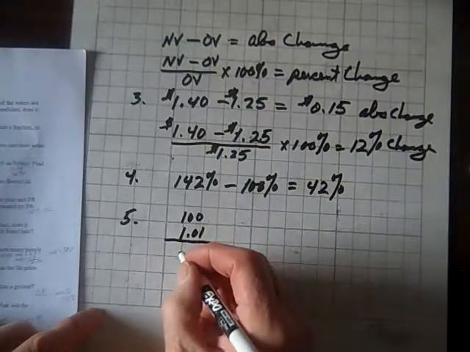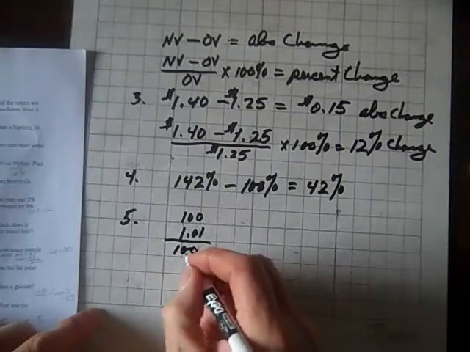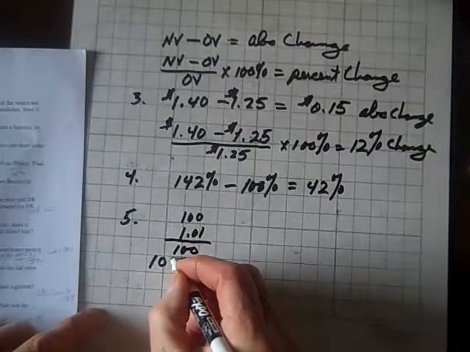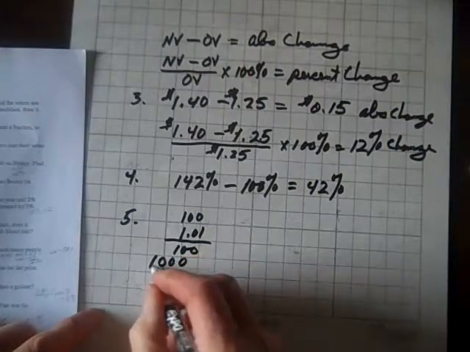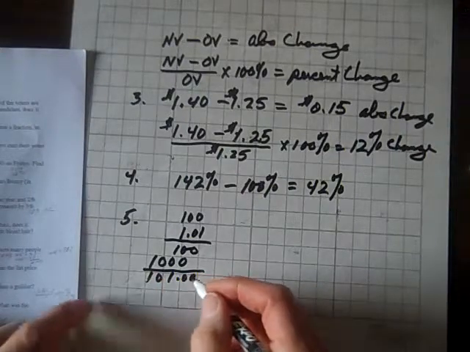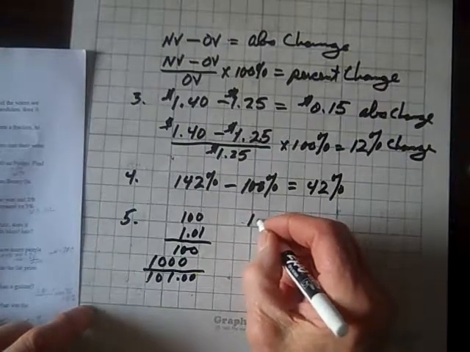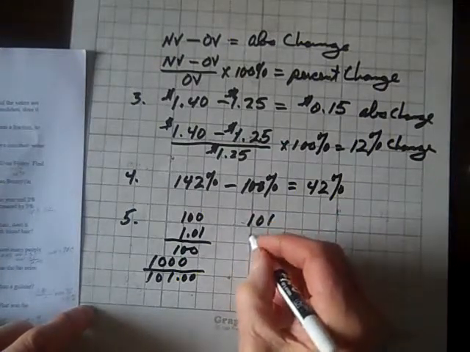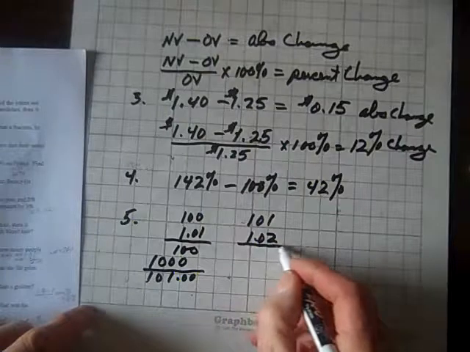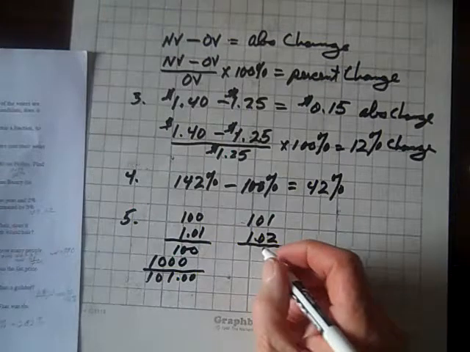And when we multiply that out, we get 100, and then bring this 0, put it there, and multiply by 1 again, I beg your pardon. Now add them up, 101.00, so we have $101. Now we'll multiply that 101 by 1.02, because 2% plus the 100% you started with is 1.02.